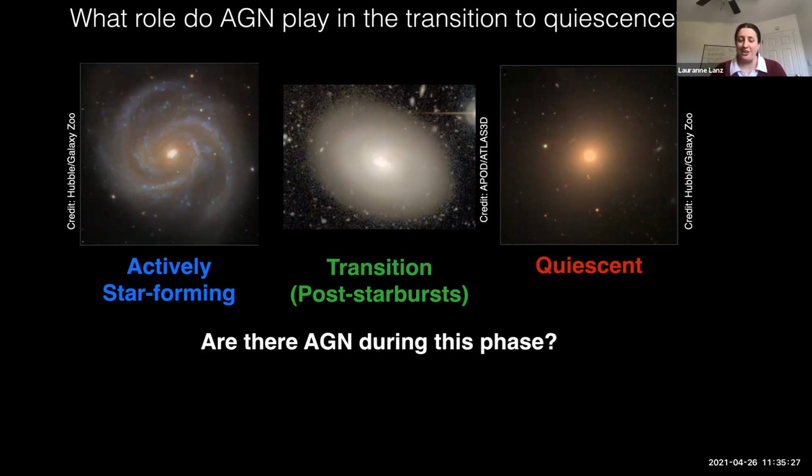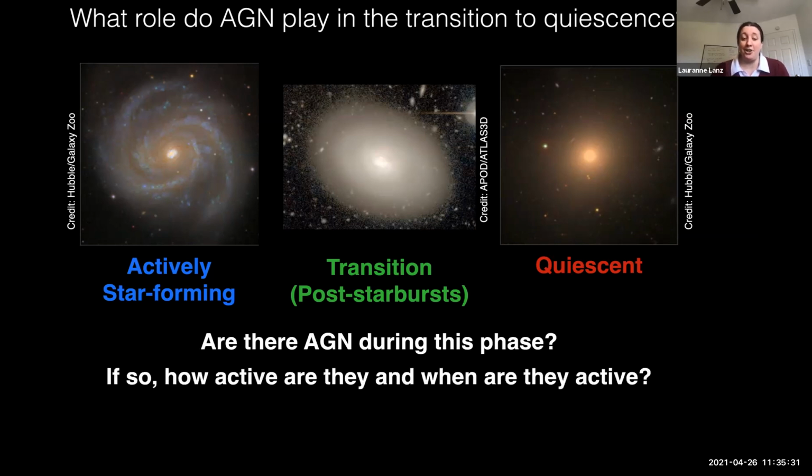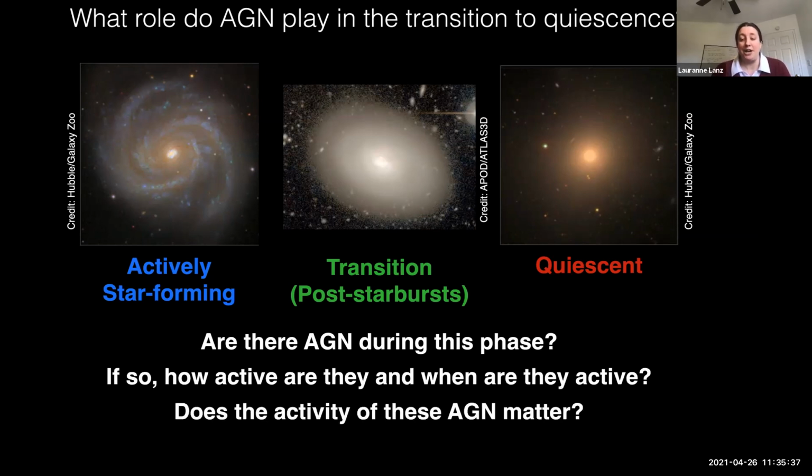First of all, are there AGN during the post-starburst phase? And if they are, how active are they? And when are they active? Relatedly, does the activity of these AGN matter? So if we put these two pieces together, essentially what we're asking is, are AGN active early, late, during the entire thing? And are they actually helping to drive the transition, or are they just along for the ride?